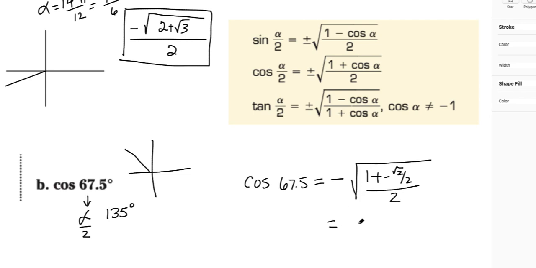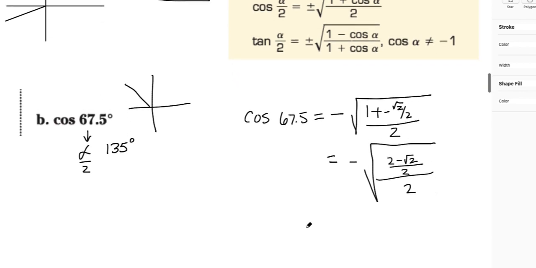So this is, again, a game of simplifying. So let me not forget my negative like last time. So I'm going to treat this 1 as a 2 over 2. So then I end up with 2 minus the square root of 2 over 2 over 2. Okay, and just some algebra fun here.